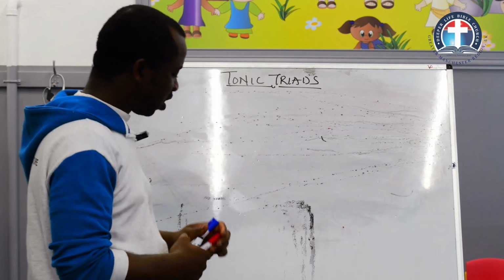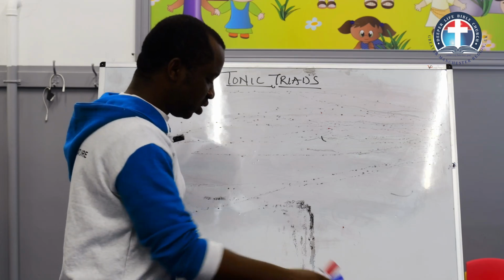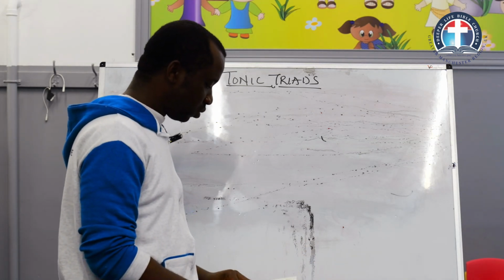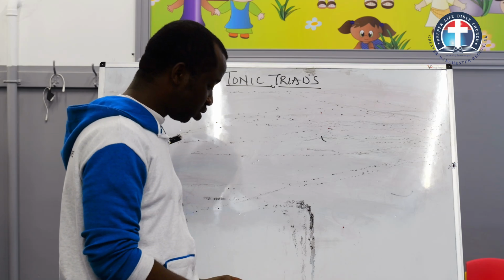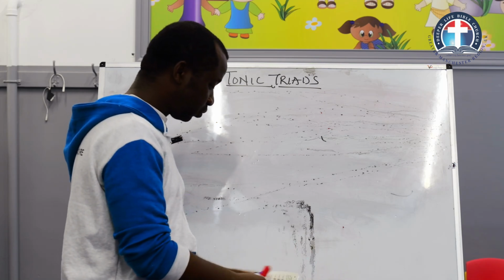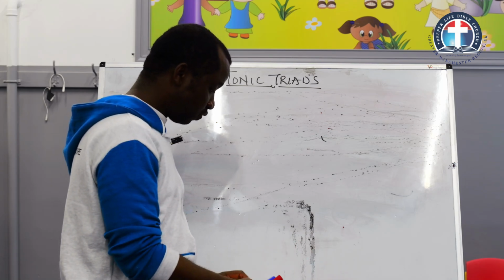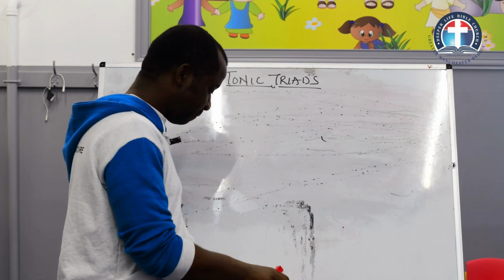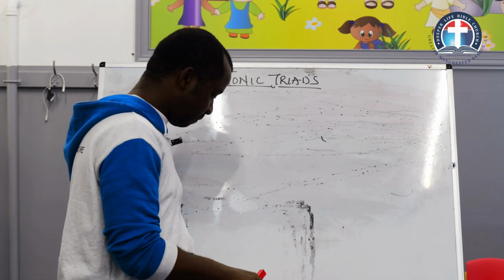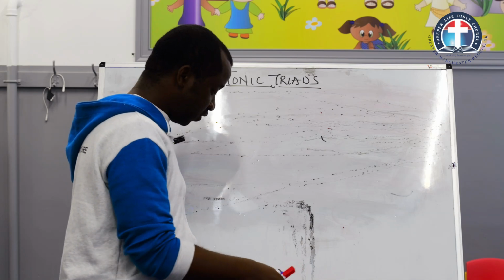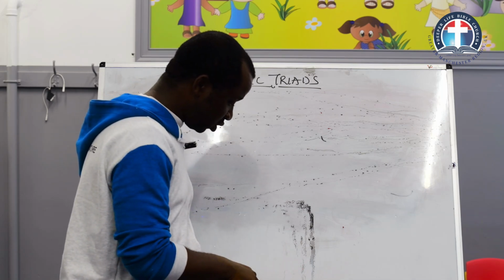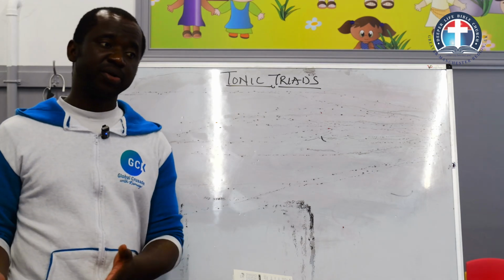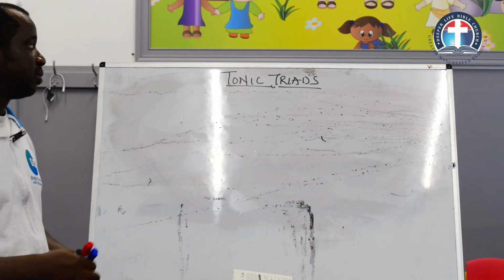The tonic triads you have here are not different from the tonic triads you've done before. It's just that now you are adding new keys, both minor and major.